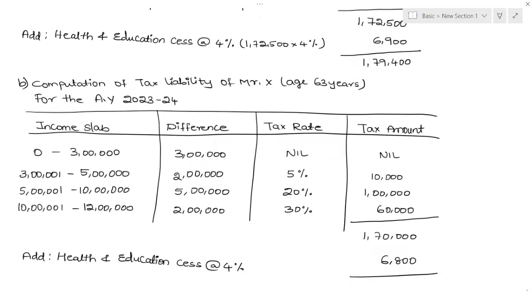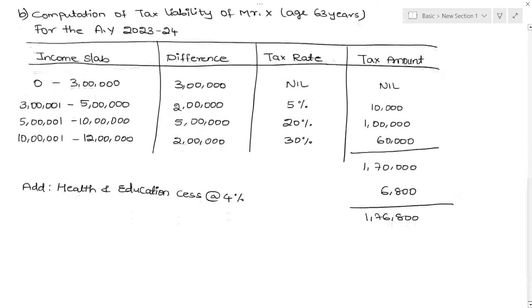correct? Now add to 1 lakh 70,000 the 6,800. 1 lakh 76,800 will come. This is how you should calculate.